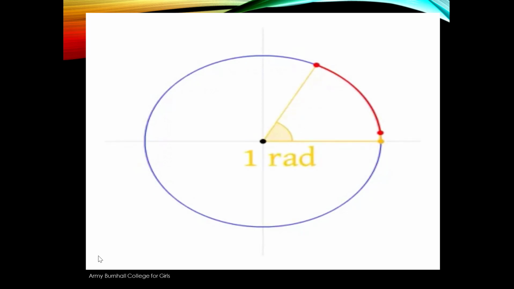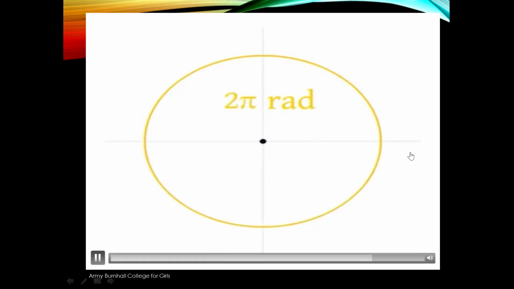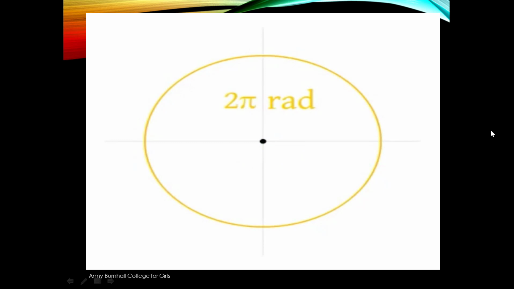As we know, if the arc length is doubled, theta will be 2 radians, 3 radians, and so on. A semicircle has pi radians and a complete circle has 2 pi radians. So if we have a complete circle, then the angle subtended at the center will be equal to 2 pi radians.